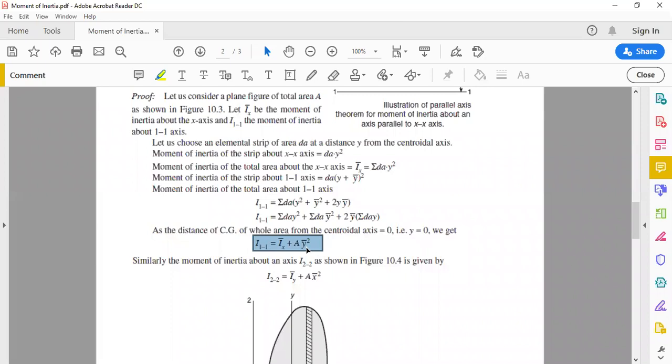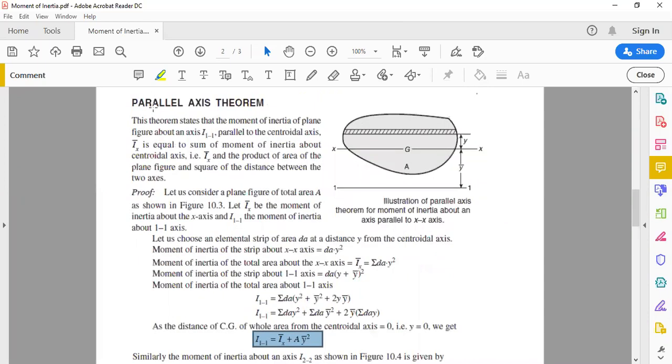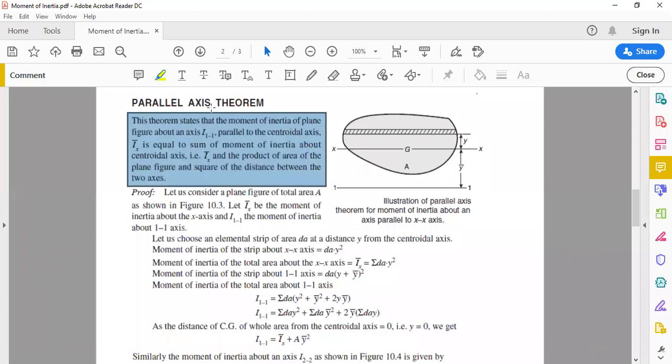So this is the statement of the parallel axis theorem. It is stated here in this paragraph. So as you can note, it is equal to the sum of moment of inertia about the centroidal axis, that is Ixx, and the product of area of plane figure and square of distance between the two axes. Now let us prove it.